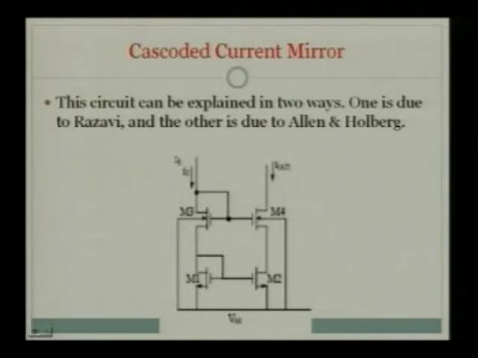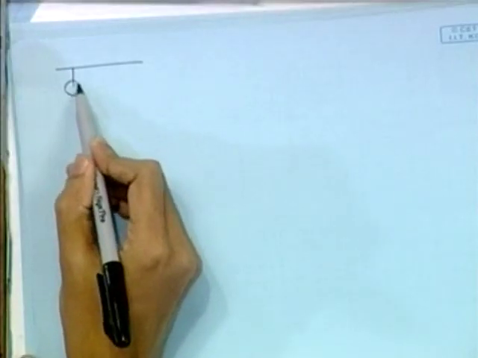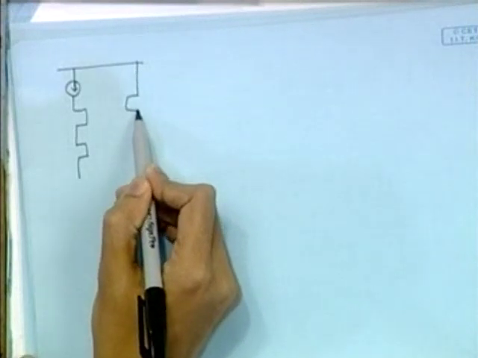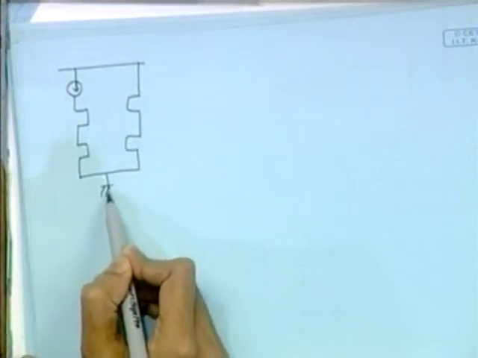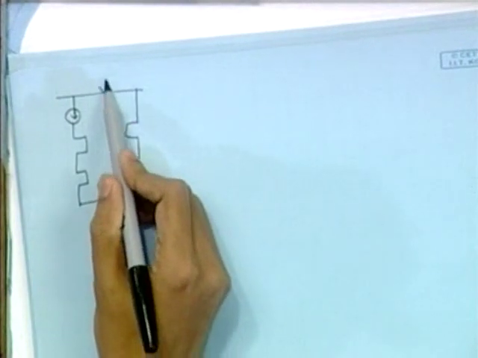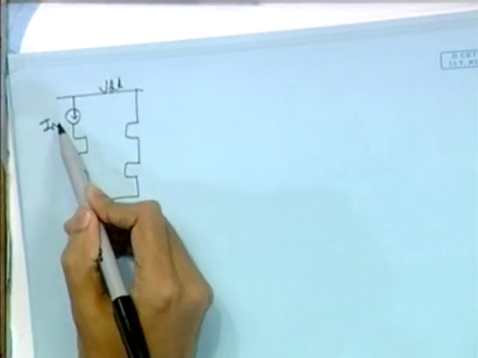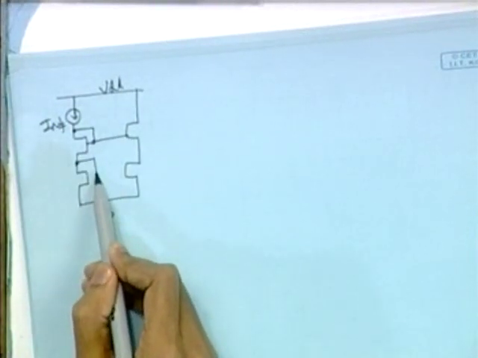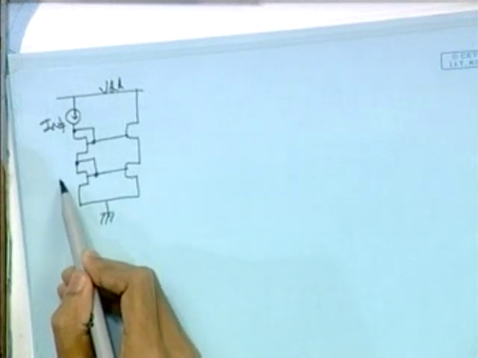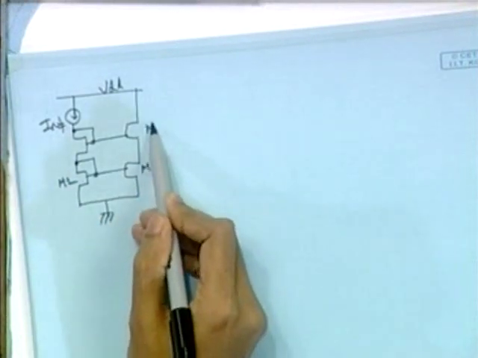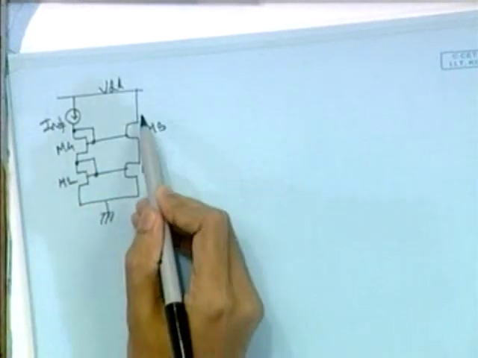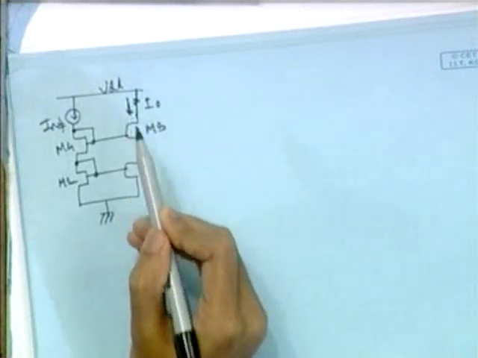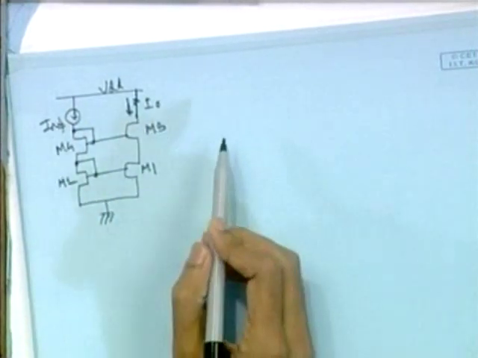Suppose we have this cascoded current mirror. This is I0, our output current, this is IREF.